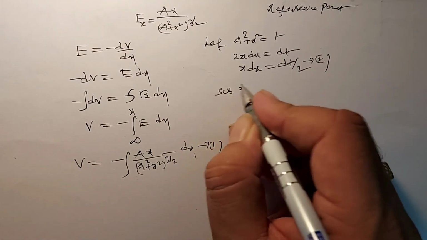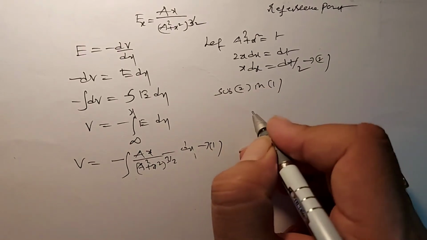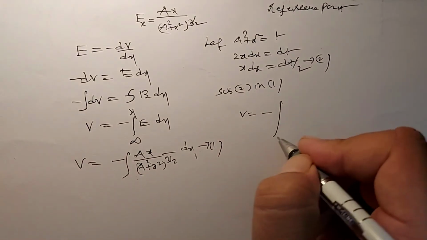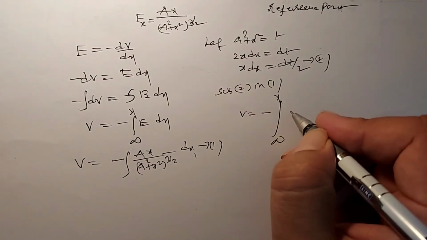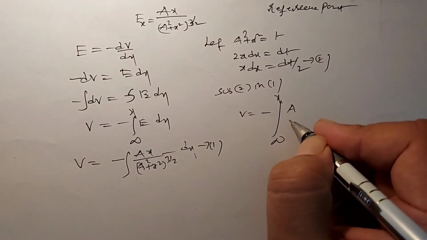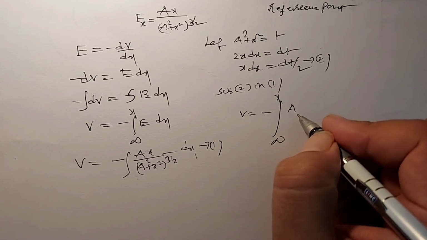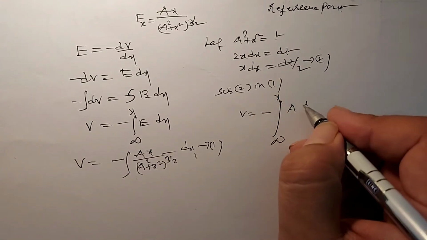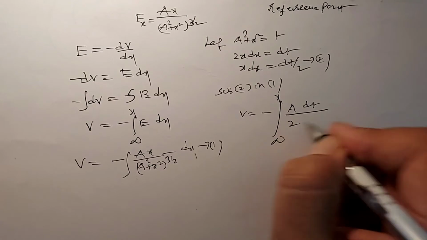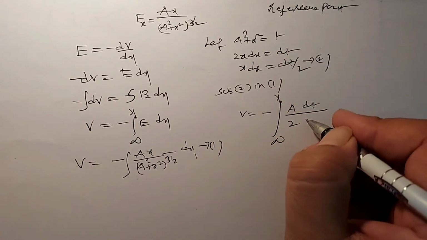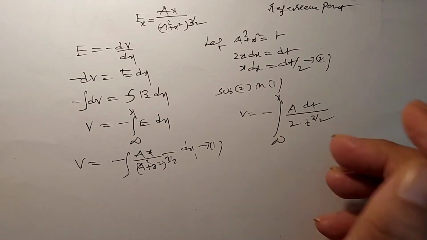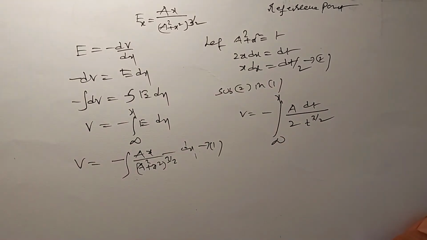Substitute 2 in 1. So V is equal to minus integration from infinity to x of a, x into dx is equal to dt by 2, and a square plus x square is equal to t power 3 by 2.